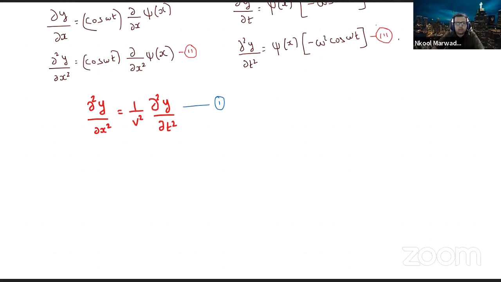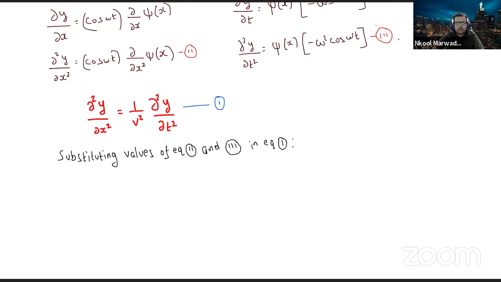I will write, substituting values of equation 2 and 3 in equation 1. So see what.